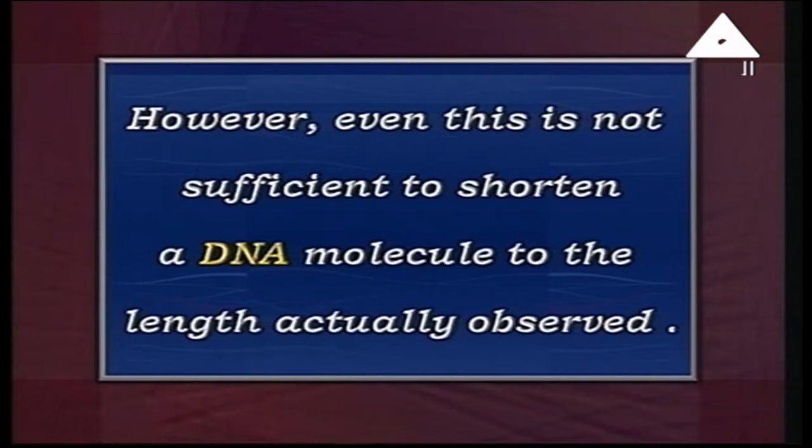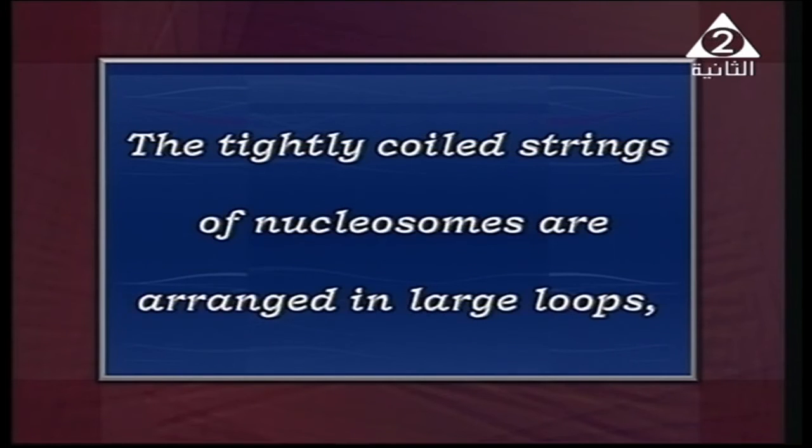However, even this is not sufficient to condense the DNA molecule to the length actually observed. The tightly coiled strings of nucleosomes are arranged in large loops, and there are some actions and enzymes that work on these large loops to condense the length of the DNA.